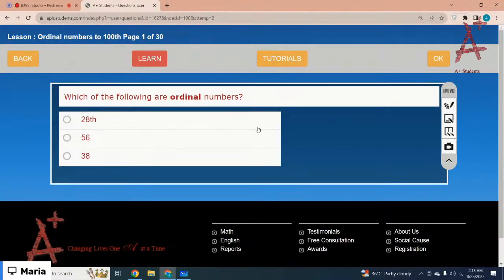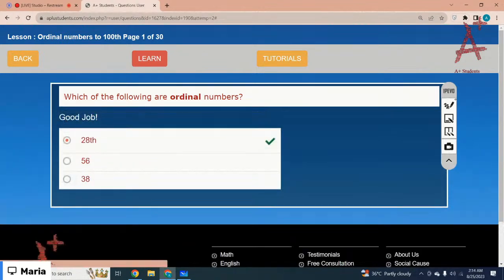Which one is ordinal? 28th, right? That is the ordinal. The other two are cardinal. No, no, 28th is ordinal. The other two are cardinal.